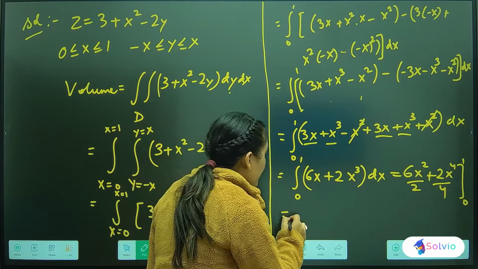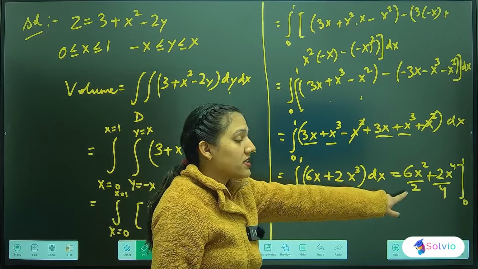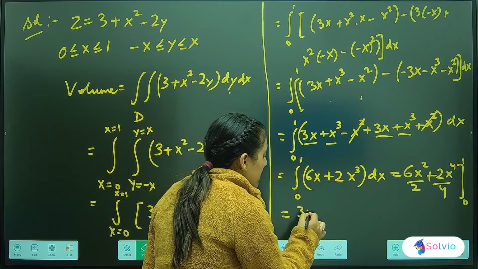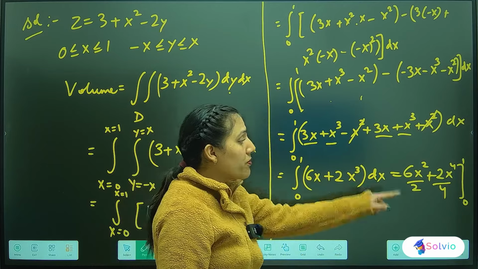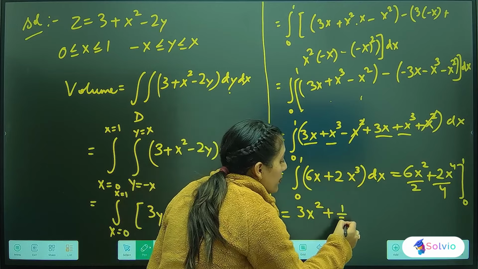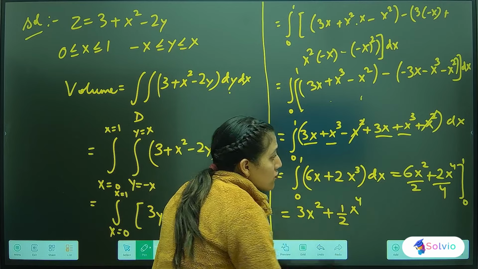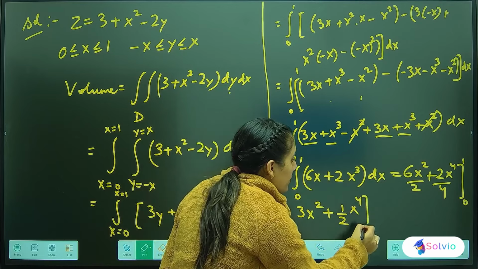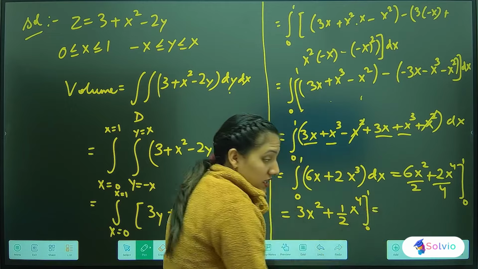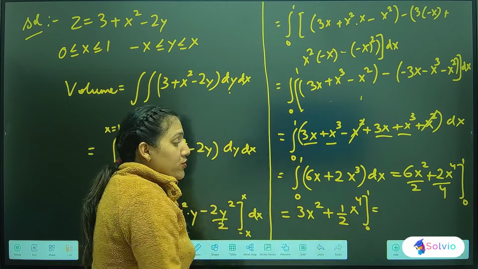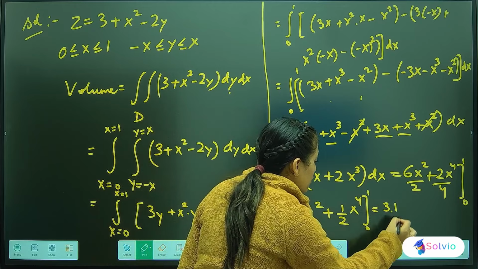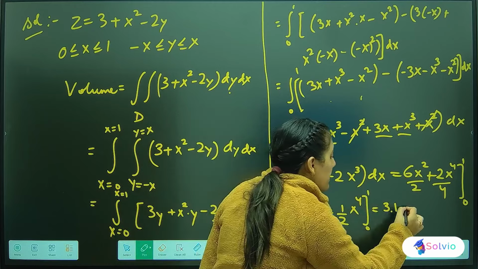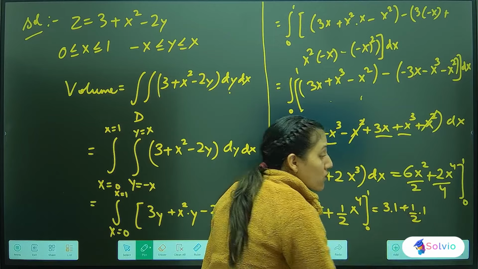That is equal to, cancelling 6 by 2, 3x^2, plus, when you cancel 4 by 2, (1/2)x^4, with limits from 0 to 1. Firstly I will put the upper limit, that is 1. So it becomes 3 times 1 plus 1/2 times 1.